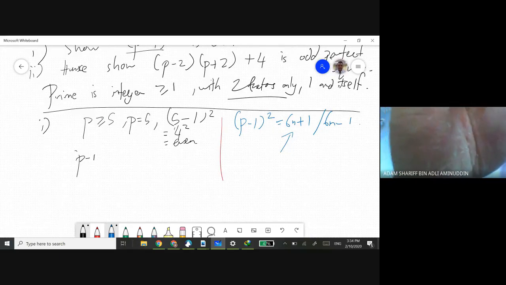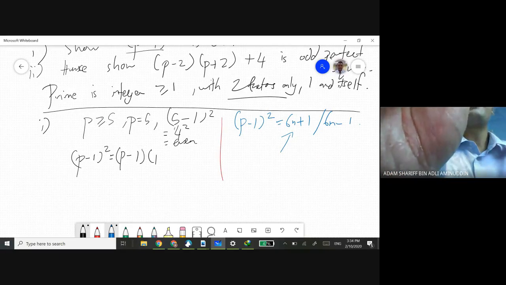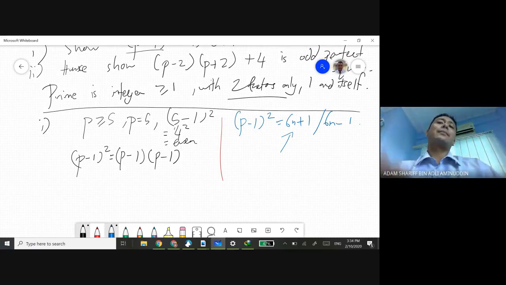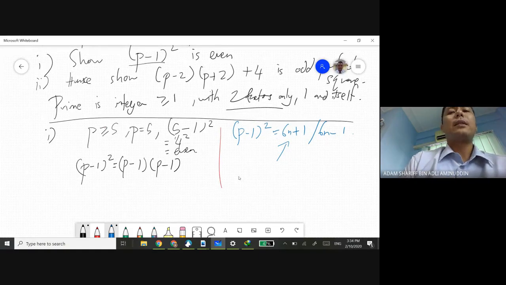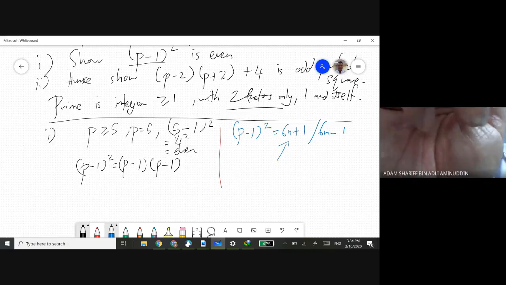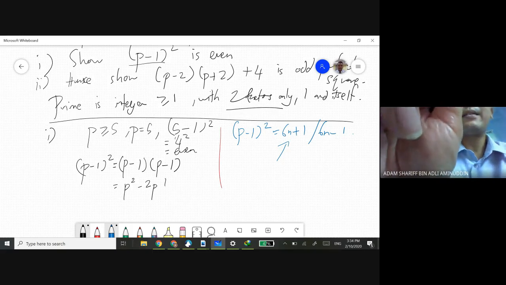P minus 1 squared equals to P minus 1 times P minus 1. The original question says that show P minus 1 squared is even. Okay, this is my way. Can I show you like this? P squared minus 2P plus 1.